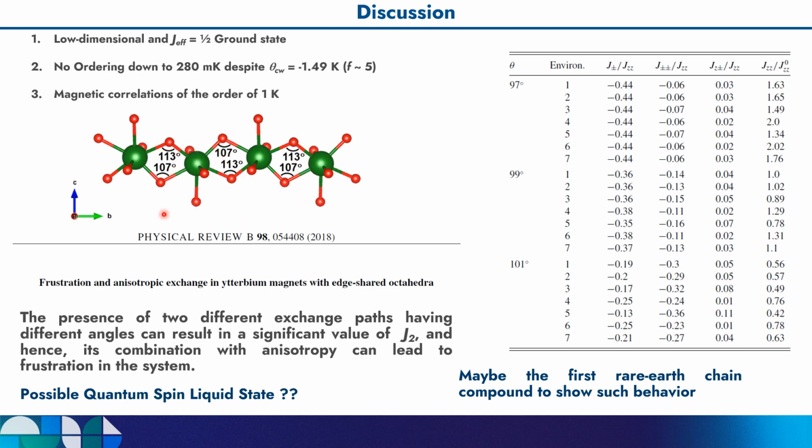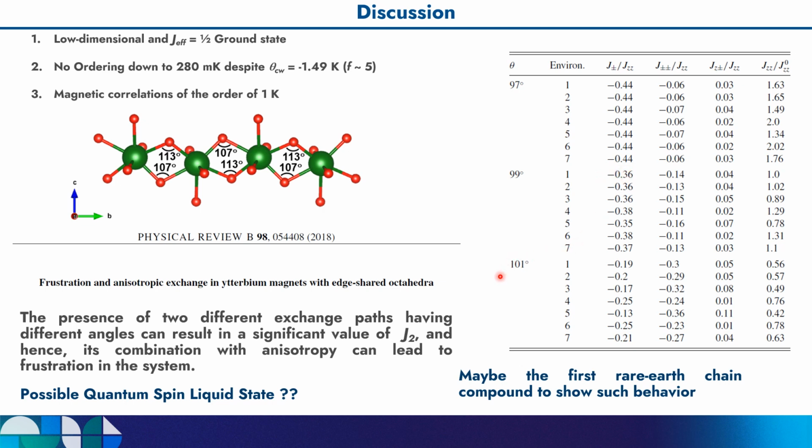There is a recent paper titled frustration and anisotropic exchange in ytterbium magnets with edge-shared octahedra. As I told earlier, these polyhedra are also edge-shared and it's YbO7. So just take an example of 97 degree with seven ligands, you can see the ratio is 0.44.